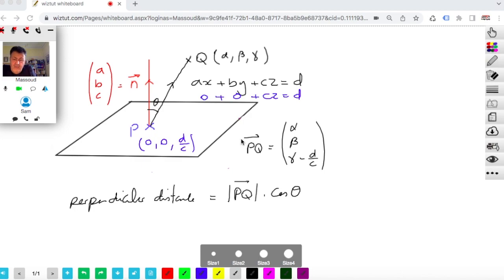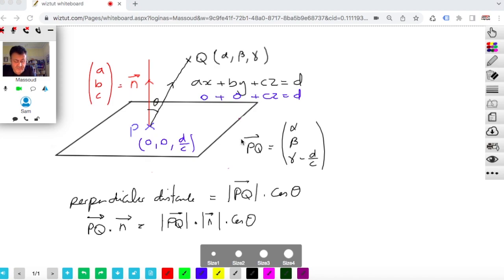Now, reminding ourselves of the dot product between PQ and n, that would also be equal to the magnitude of PQ multiplied by the magnitude of n multiplied by the cosine of the angle in between.